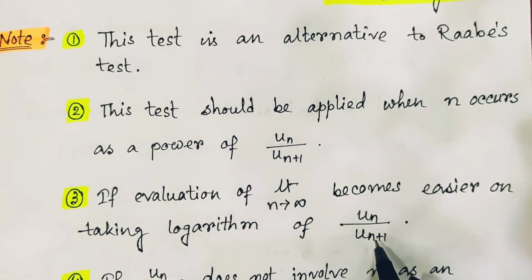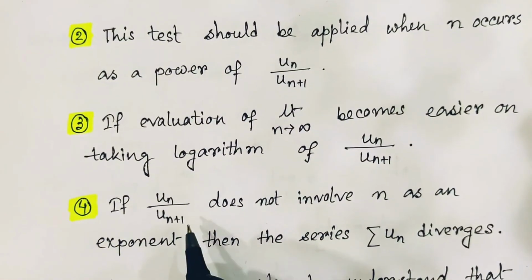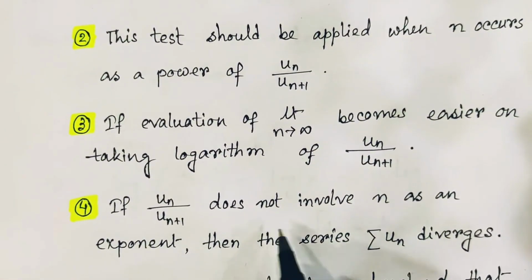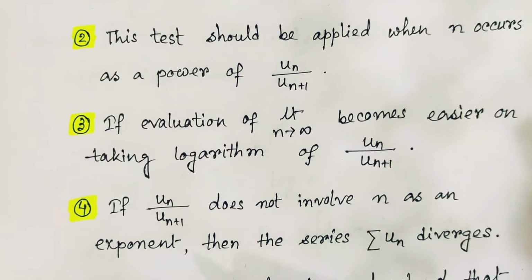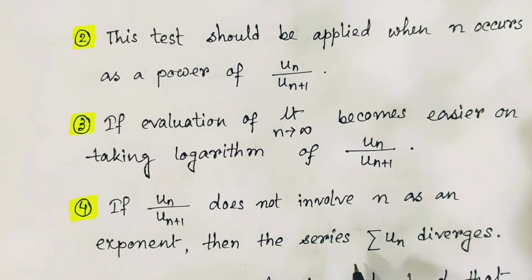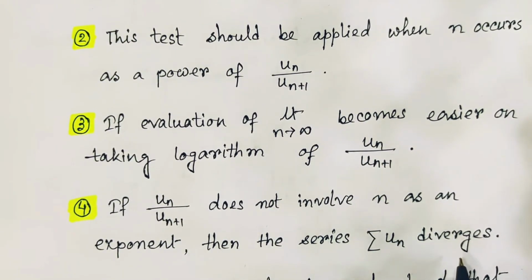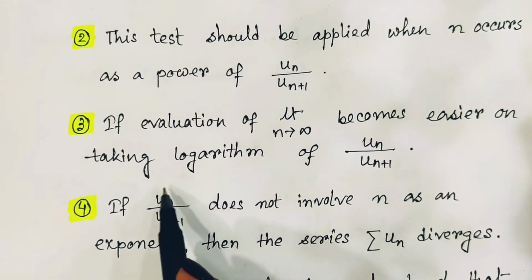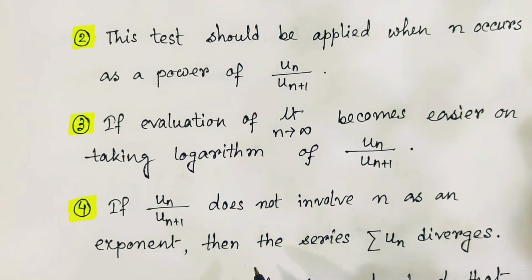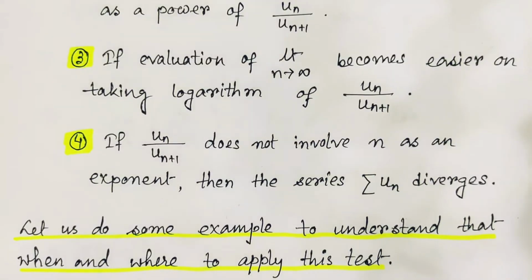Otherwise, if un divided by un plus 1 does not involve n as an exponent, then the series is a divergent series. So let us do some examples to understand when and where to apply this test.